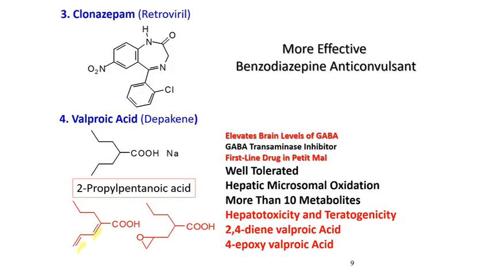Both of these easily precipitate the formation of free radicals, and they have their own toxicities on the hepatic level, the liver, and they are known to be teratogenic in nature.